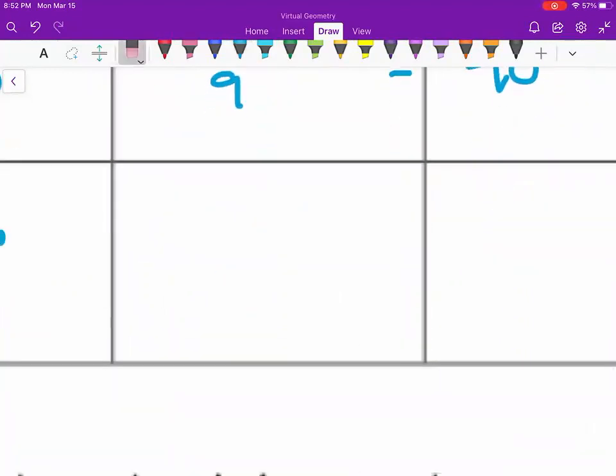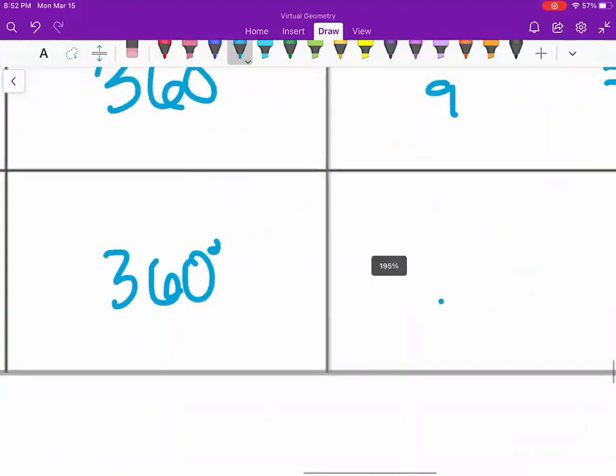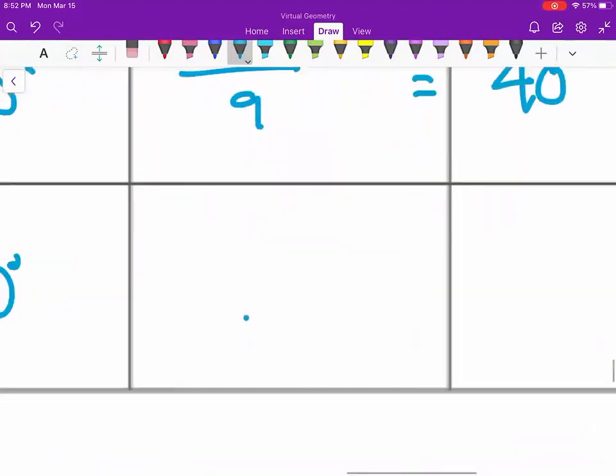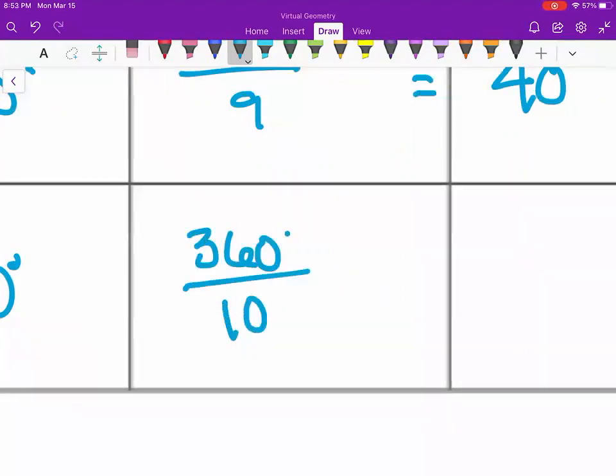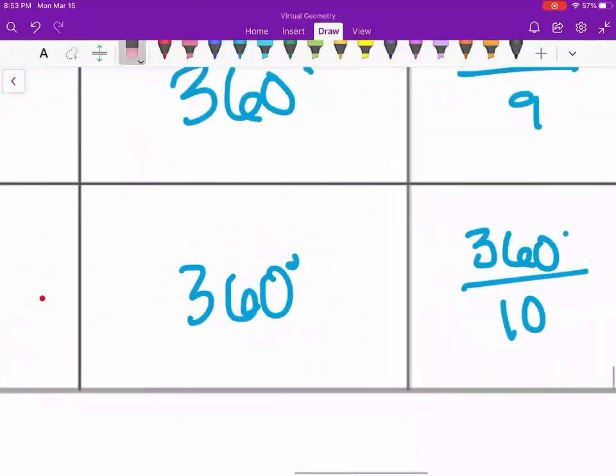And then we'll do our last one here. Again, 360 for the decagon for the exterior. So 360 divided by the 10 angles that it's got means that each exterior would be 36 degrees.